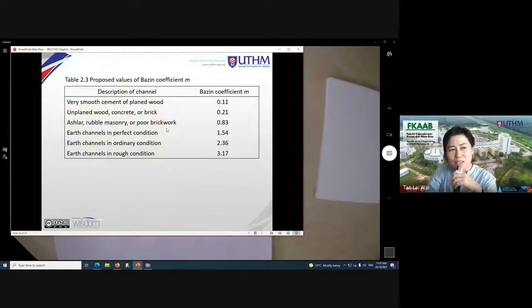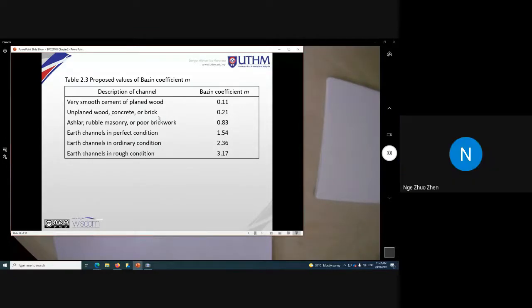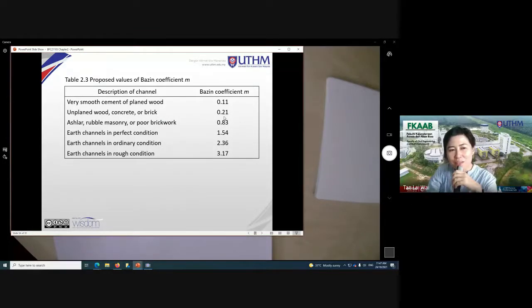So let's look at Bazin. What is the similar characteristic of the channel? It would be concrete. The only concrete we have here is the second line, right? So the equivalent Bazin M is 0.21.